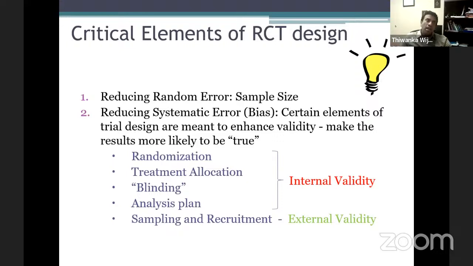Blinding, again, if you start reading RCTs, the most popular term that they use is double blinding. I encourage you not to use the term double blinding. Instead, look at the different components and the people involved in a trial to see whether they're blinded. For example, the patients do need to be blinded. The people who are administering the intervention need to be blinded.